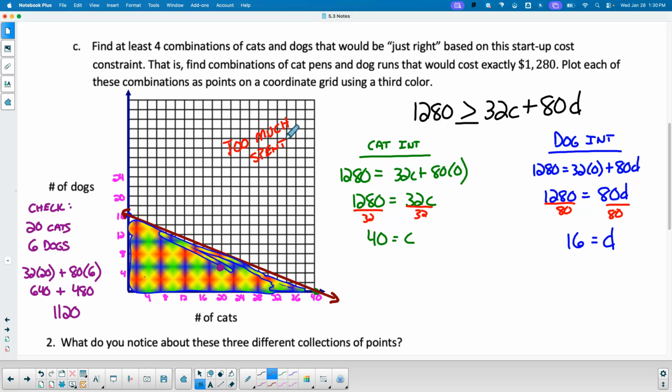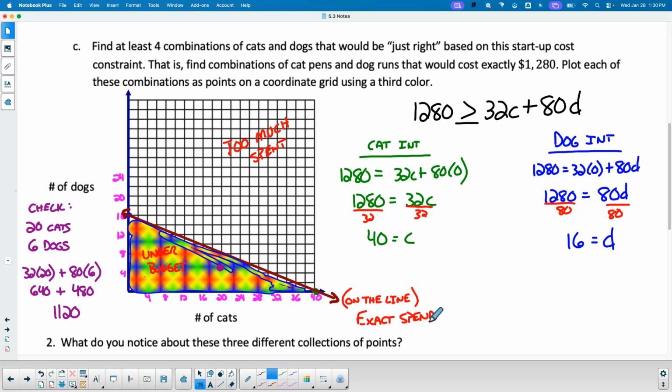Down here would be they came in under budget. And points that are right on the line, they spent exactly the right amount of money.